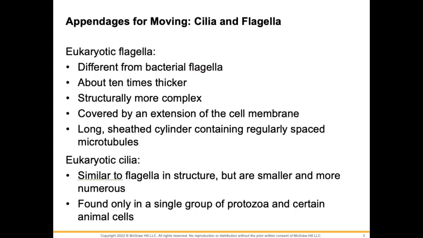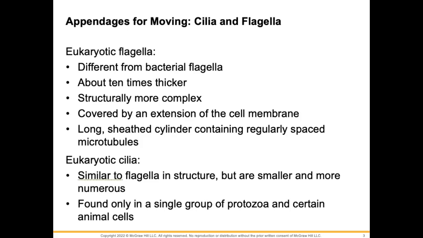So moving on. Appendages for moving in eukaryotes include cilia and flagella. Eukaryotic flagella are different from bacterial flagella. They're thicker and more complex. The eukaryotic flagellum that you may be aware of is the flagellum of a sperm.